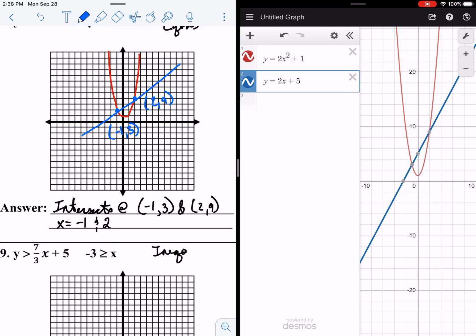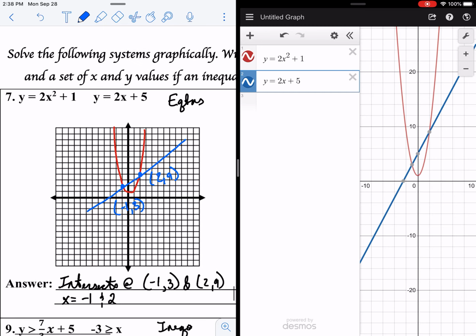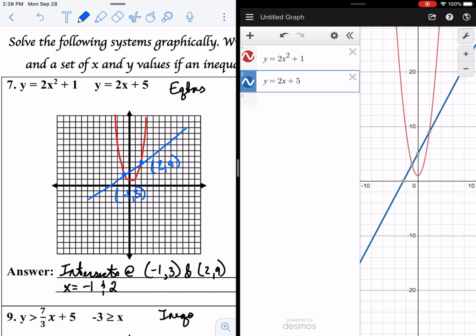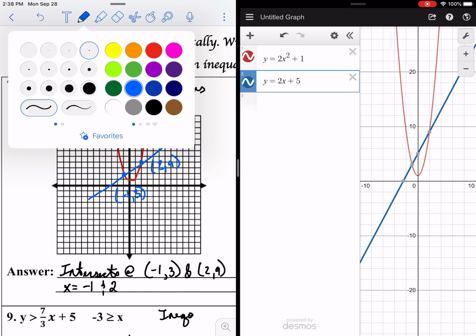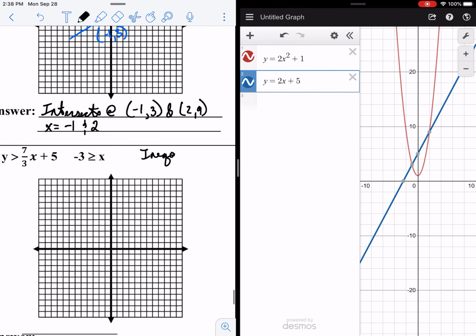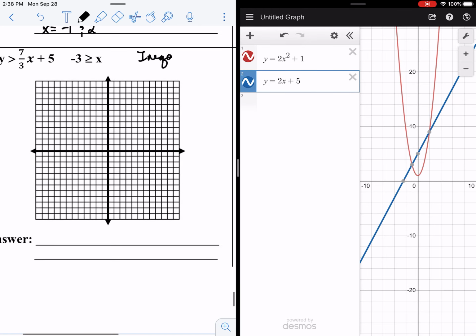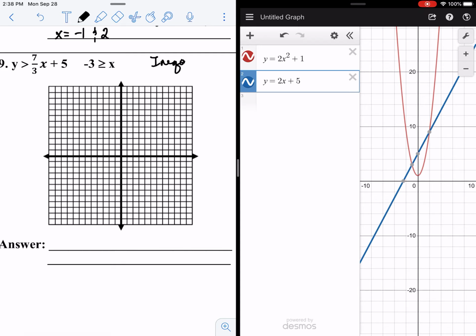That's the general gist of it. Remember, if you have two equations, your answer is going to be points. If you have one or more inequalities, your answer is going to be a range. So I have inequalities, so now I know I'm going to have a range of answers.